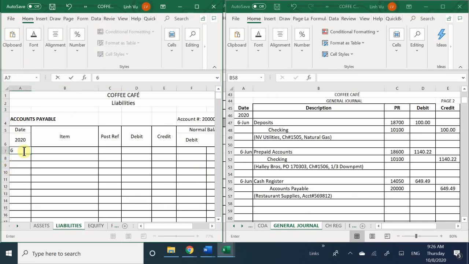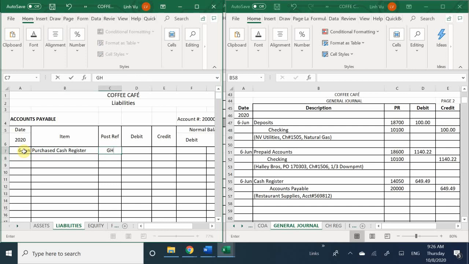I'm going to make sure I indicate the date. Do you need to be specific in your accounts payable? Not really. You can if you like. I'm just going to go ahead and write in purchased cash register. Okay.